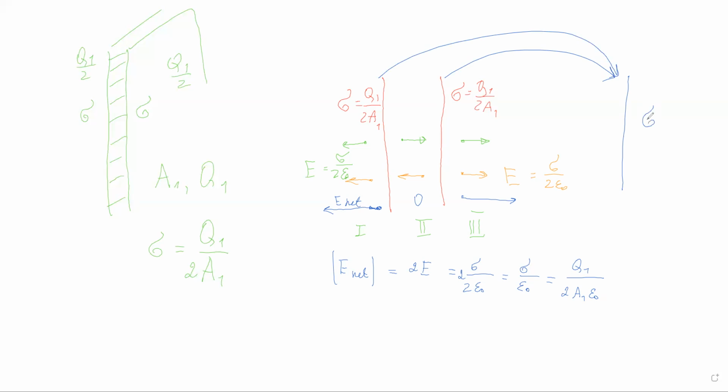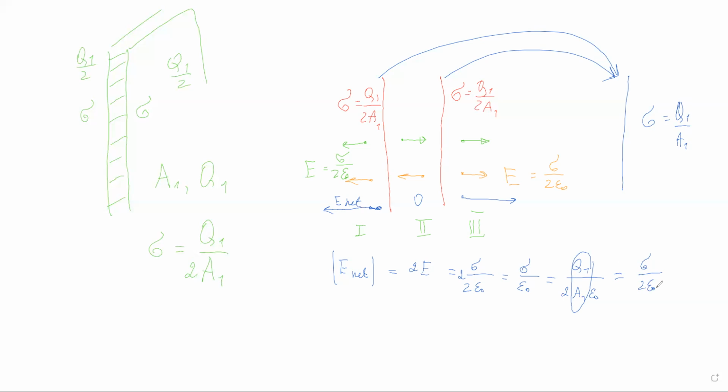Then sigma on this one plate is going to be what? The charge Q1 over A1. That's exactly sigma of the one plate, right? If you merge these two together, you forget about the zero region because it has no field and it's not going to affect anything. Then we can write down that this is sigma divided by 2 epsilon 0.